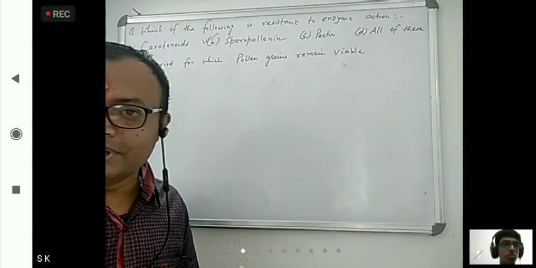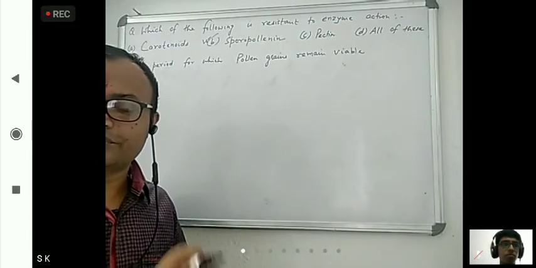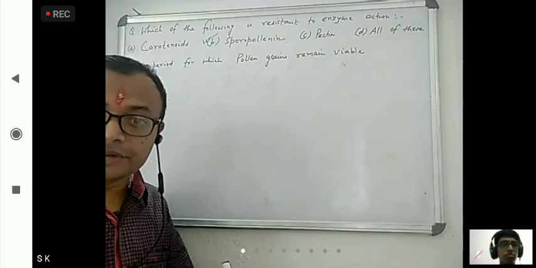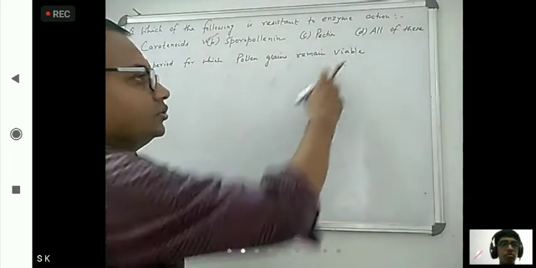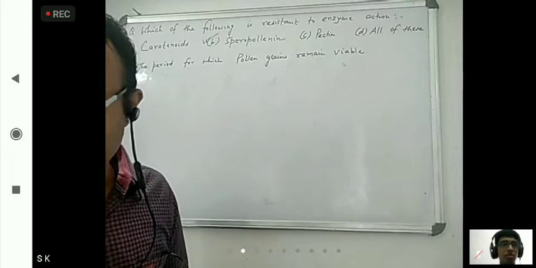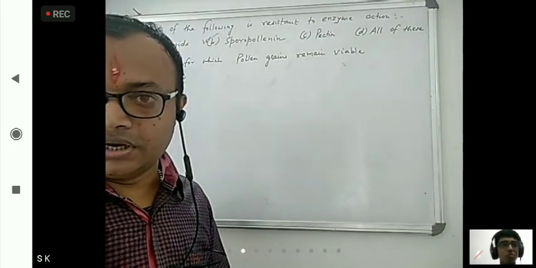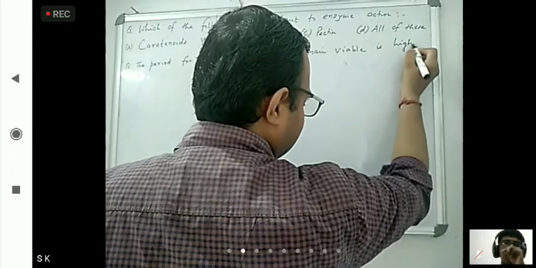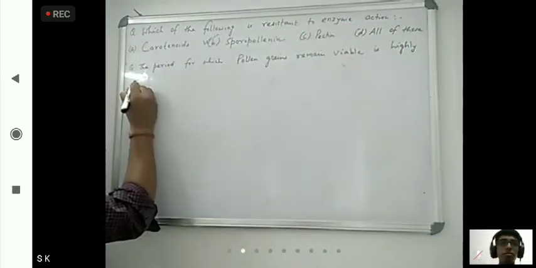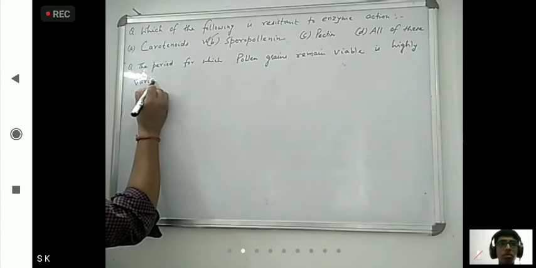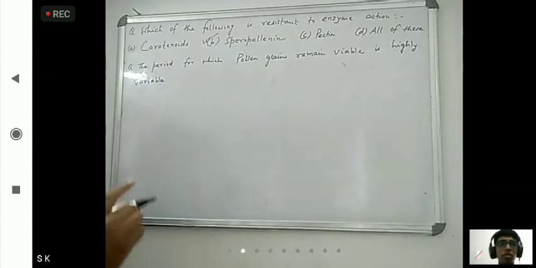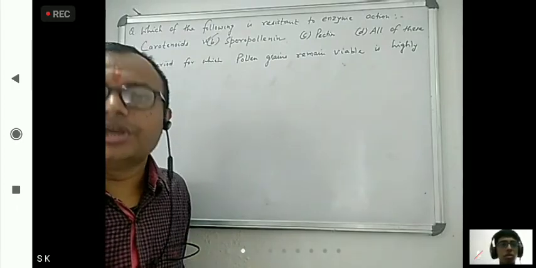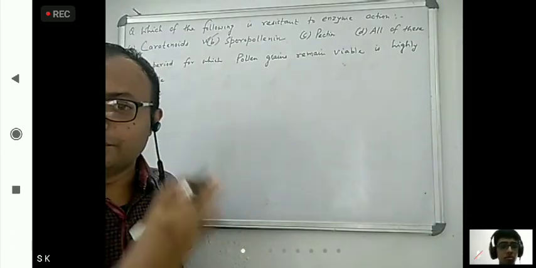Already we know viable means the period from germination to fertilization, meaning it remains alive, okay. So how long pollen remains viable is highly variable, because already we know rice and wheat only 30 minutes, leguminaceae more than several months, okay.